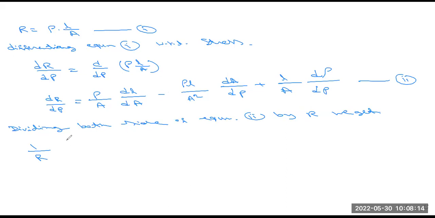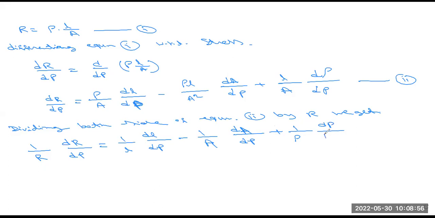So I simplify the equation: 1 by R into dR by dP is equal to 1 by L into dL by dP, sorry, this is dL by dP, minus 1 by A into dA by dP, plus 1 by rho into d rho by dP.